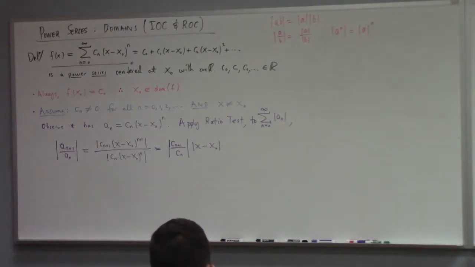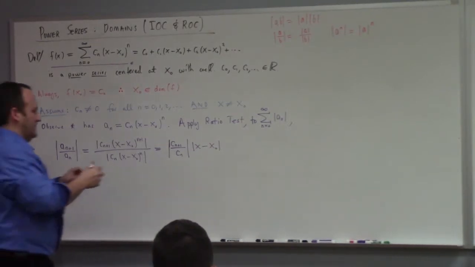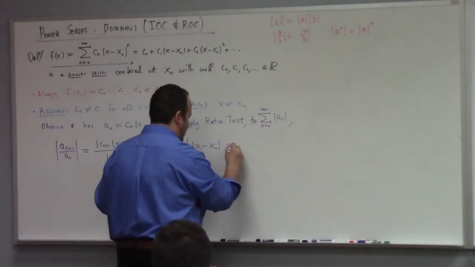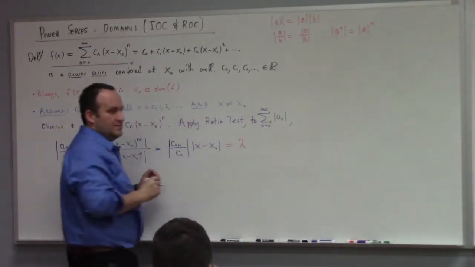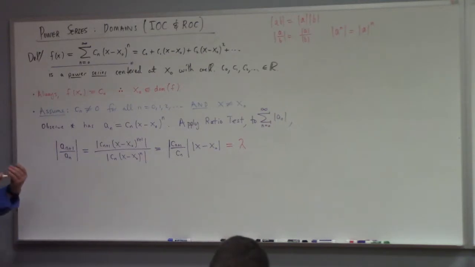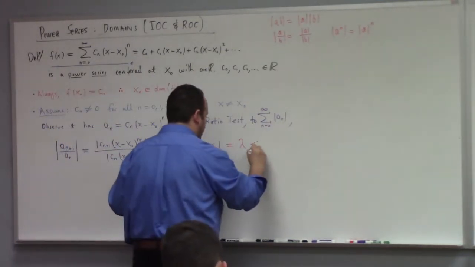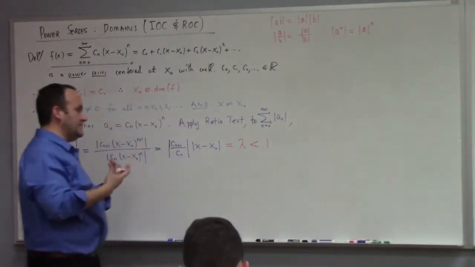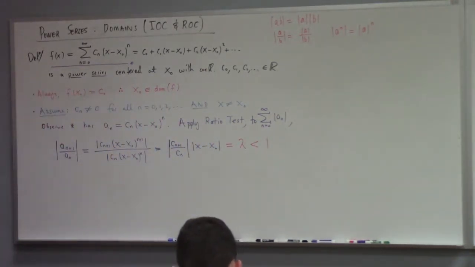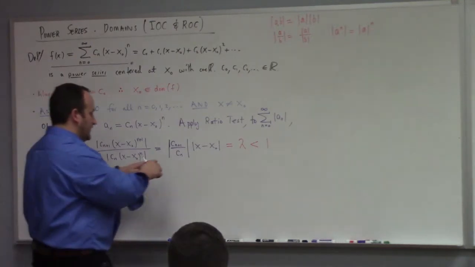All right? So for the ratio test, this is that quote unquote, what do we call it? This was lambda, right? In the ratio test, what do we need? We need lambda less than 1, right? If we have lambda less than 1, then we get convergence of the series, right? So what is lambda less than 1?